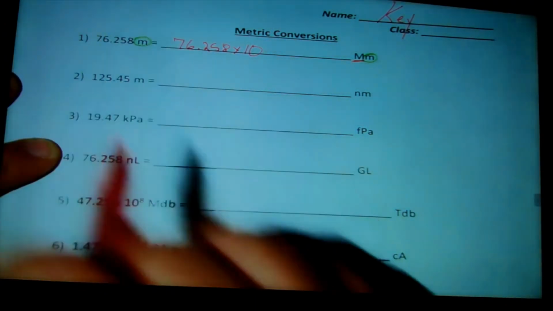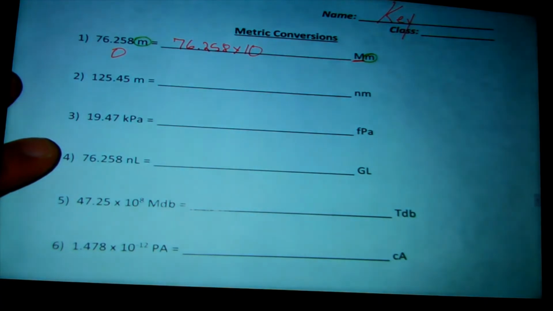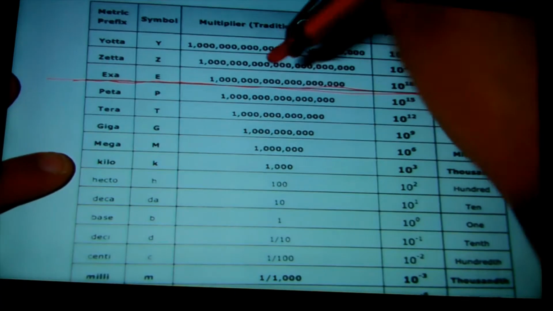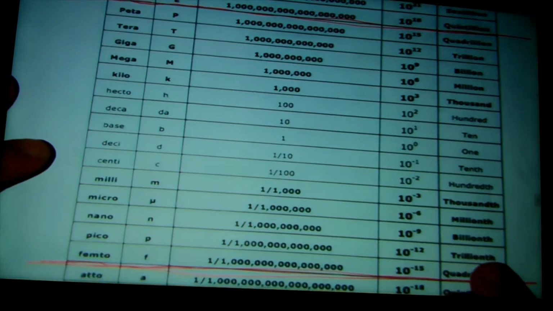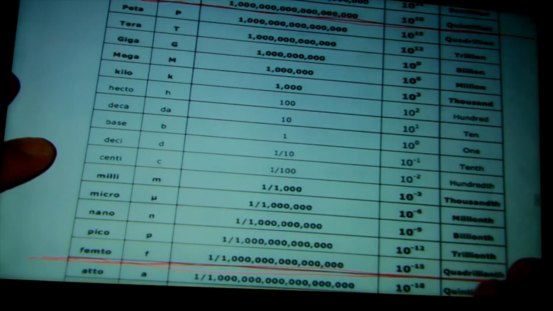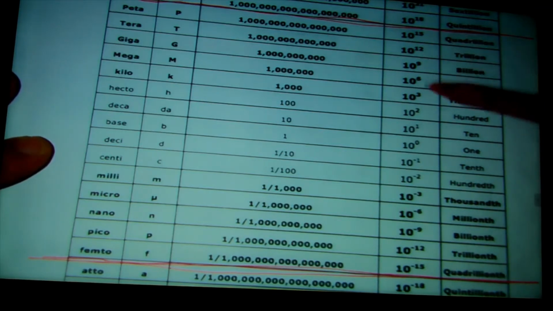The exponential value for the base unit is 0. If you're wondering where I'm getting that from, I'm literally getting it off this sheet I gave you. If you don't have one of these sheets, you need this. This is the prefix, and when I'm talking about the exponential values, I'm talking about these over here.